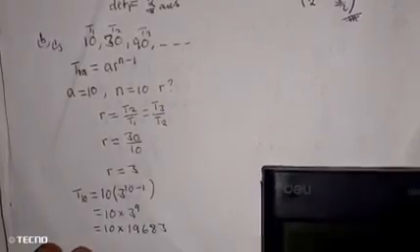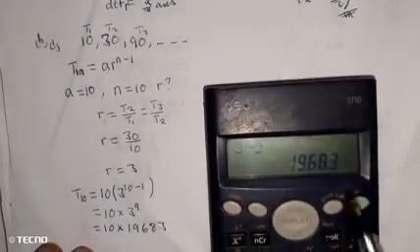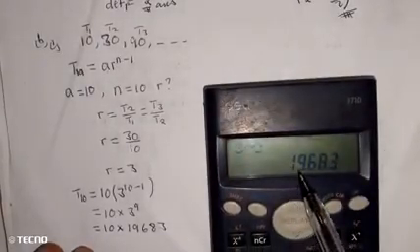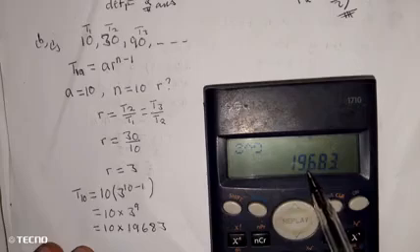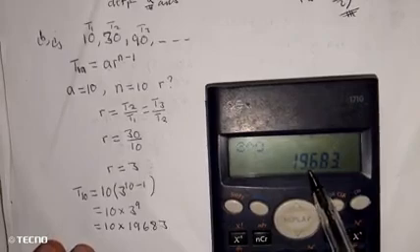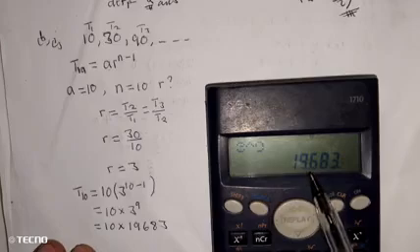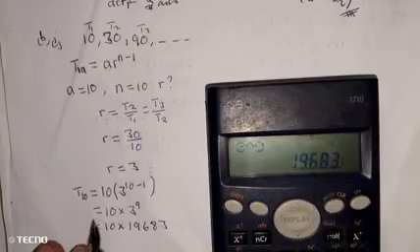19,683. Once you compute 3 to the power 9, you are going to get something like this. Remember this one is not a point, it's a comma. If you are not clear on how to separate thousands, do not include it when writing down.